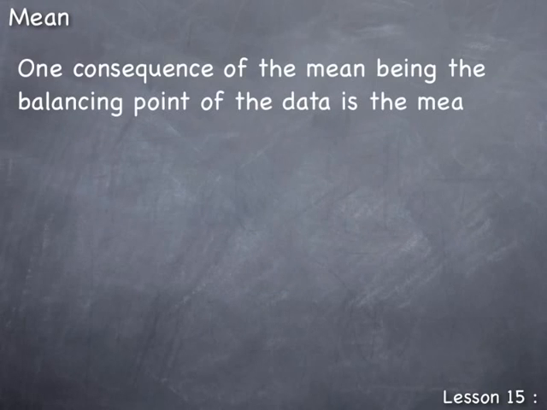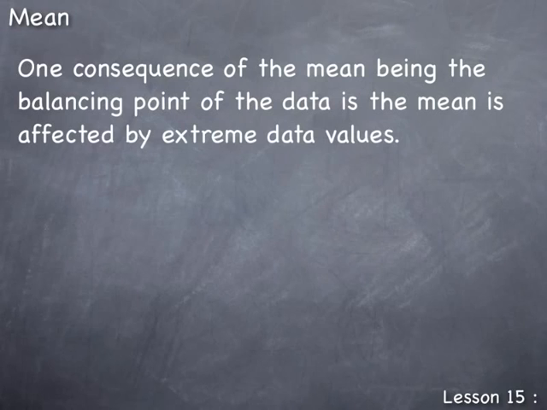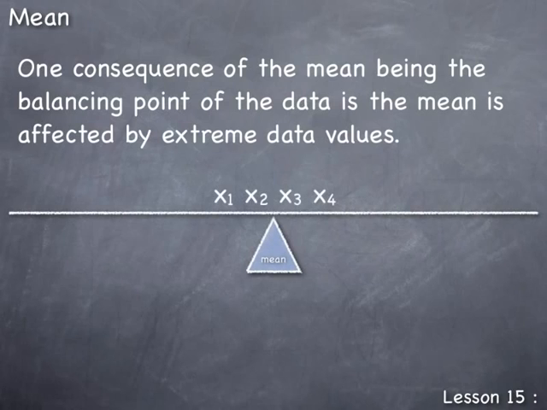One consequence of the mean being the balancing point of the data is the mean is affected by extreme data values. To illustrate this, here we can look at some data that is balanced at the mean. But if the minimum data value was extremely small, that is, way far below all the rest of the other data values, the mean would have to compensate for this to keep everything in balance.